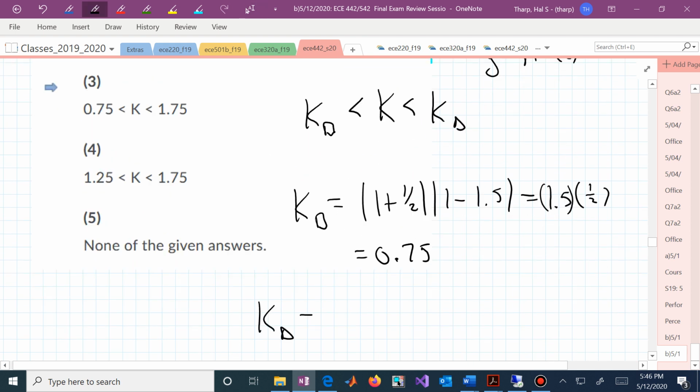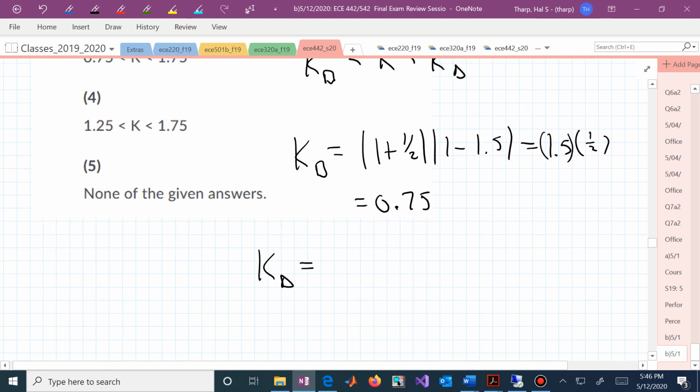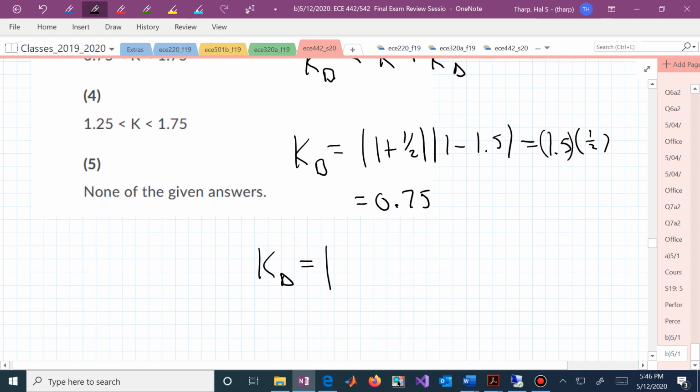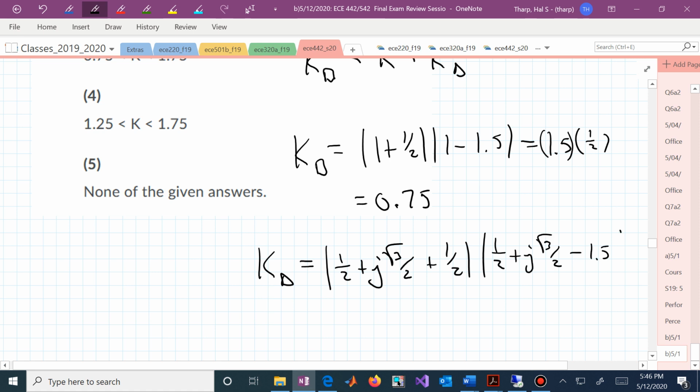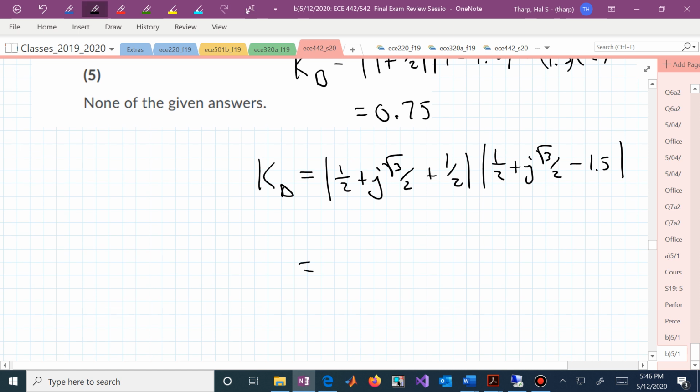We can now plug that value in to find K triangle. Now K triangle is 1/2 plus j square root of 3 over 2 plus 1/2 times 1/2 plus j square root of 3 over 2 minus 1.5. Or this is now 1 plus j square root of 3 over 2, and this is minus 1 plus j square root of 3 over 2.